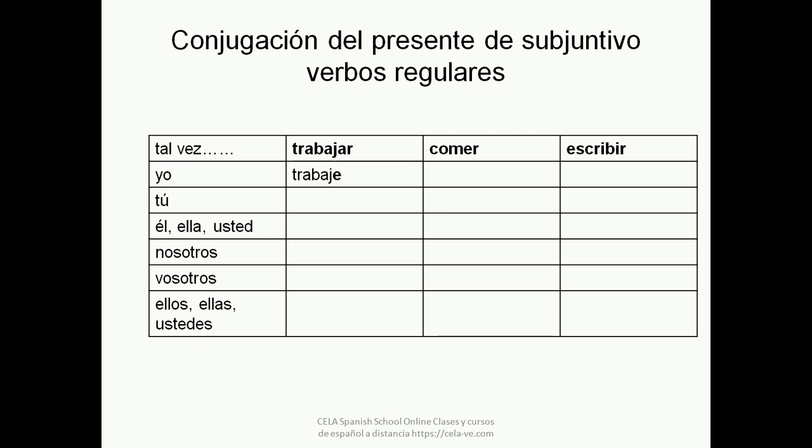Tal vez yo trabaje. Tú trabajes. Él, ella, usted trabaje. Nosotros trabajemos. Vosotros trabajéis.